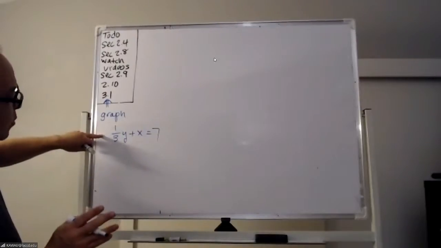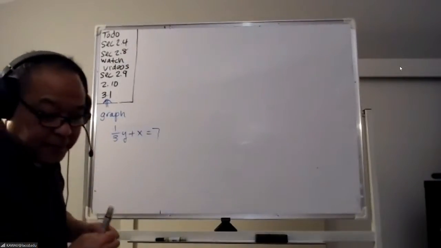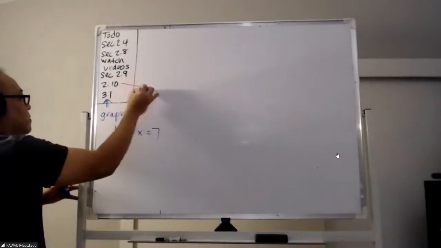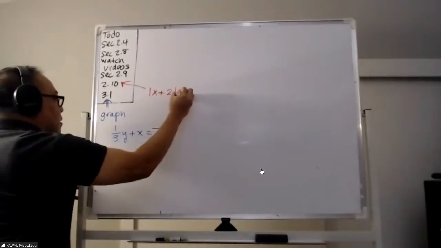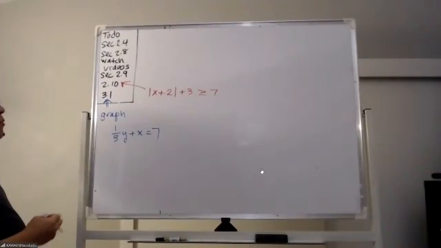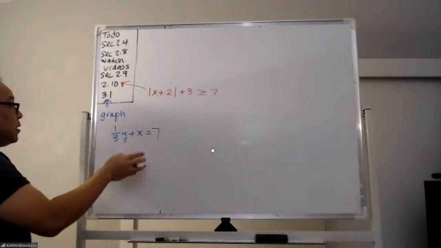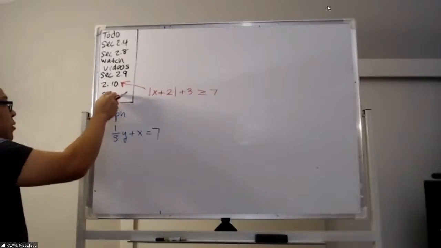It's like 15, 20 minutes, but if you watch that video and then you do lecture, you'll be fine. Okay. This video right here for 2.10, it's things that look like this. Okay. Now, absolute values were not in Math 115, so for most people, that's new.